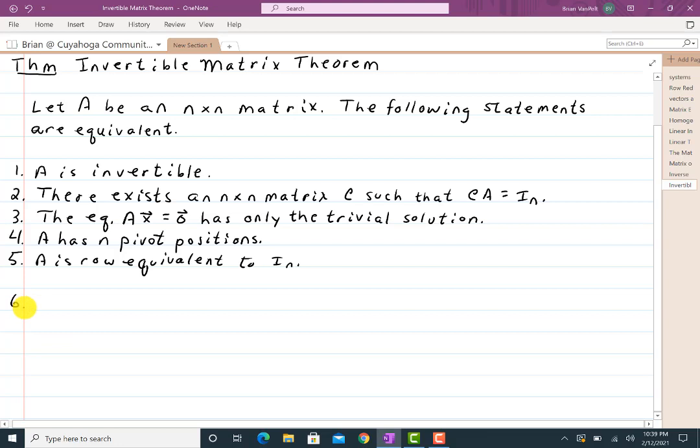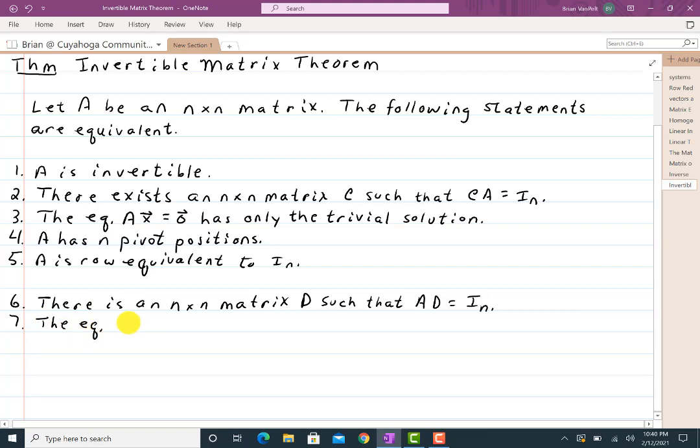I'll explain it after, when I start to prove the thing, why I'm doing it this way. 6: There is an n by n matrix D such that AD equals the identity matrix. 7: The equation AX equals B has a solution for every B in Rn.